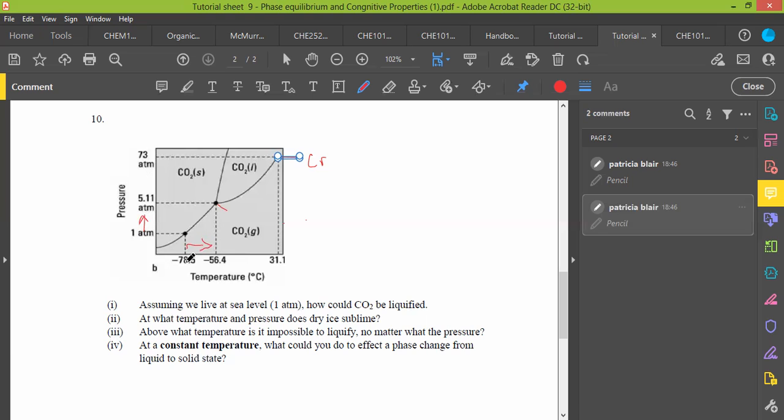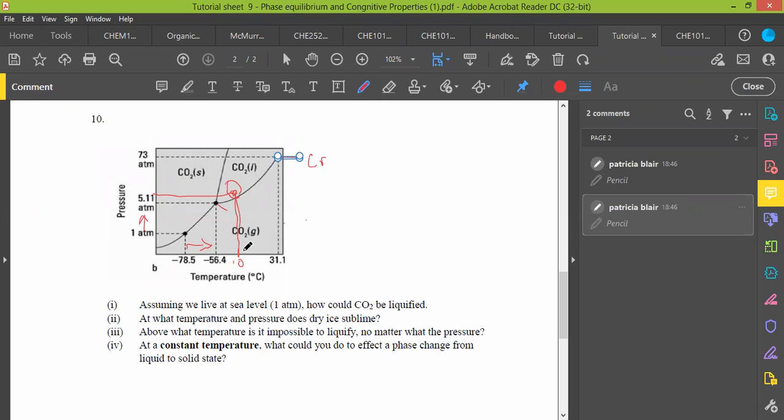Say if your temperature is somewhere around 10, and you raise your pressure to beyond 5.1, so say 6, you're going to find that these meet in that particular area, and this area is the liquid area for carbon dioxide. So if you live at sea level, for you to liquefy carbon dioxide, you need to increase the temperature as well as the pressure, both of them at the same time.